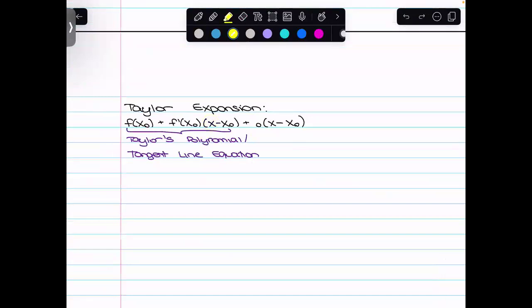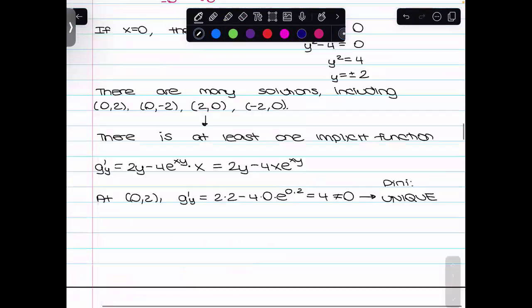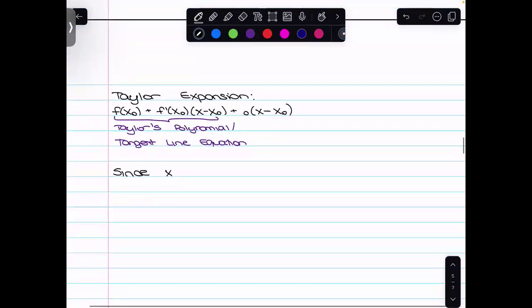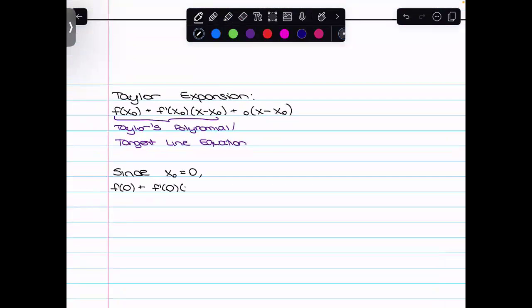You have to plug it in for x0. So since x0 was 0, we get f of 0 plus f prime of 0 times x minus 0, and then little o of x minus 0.